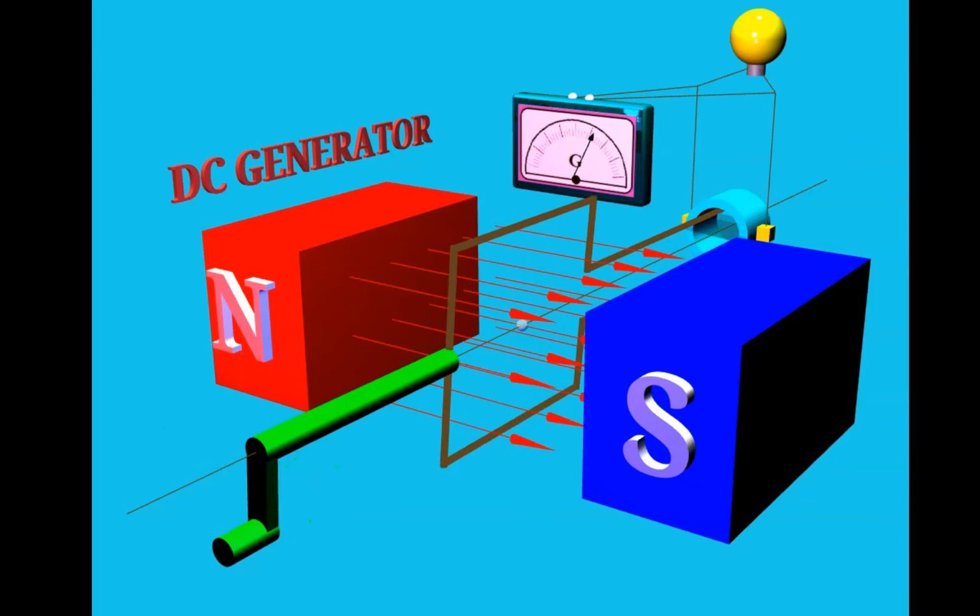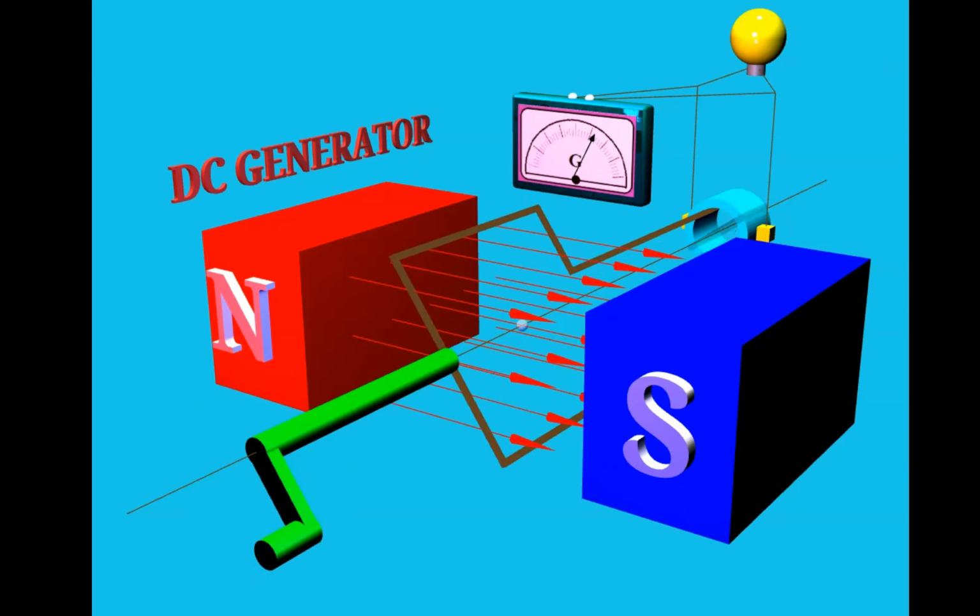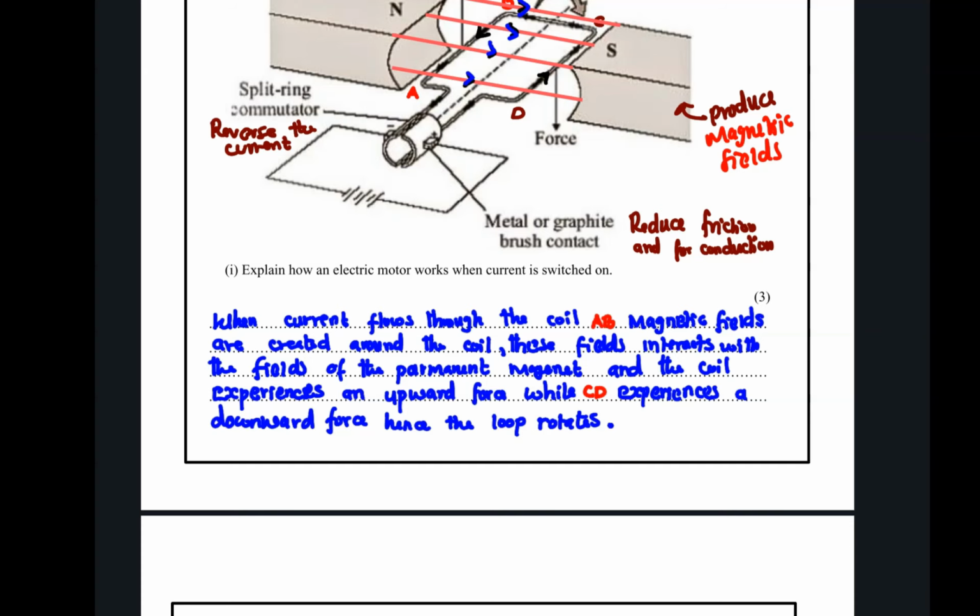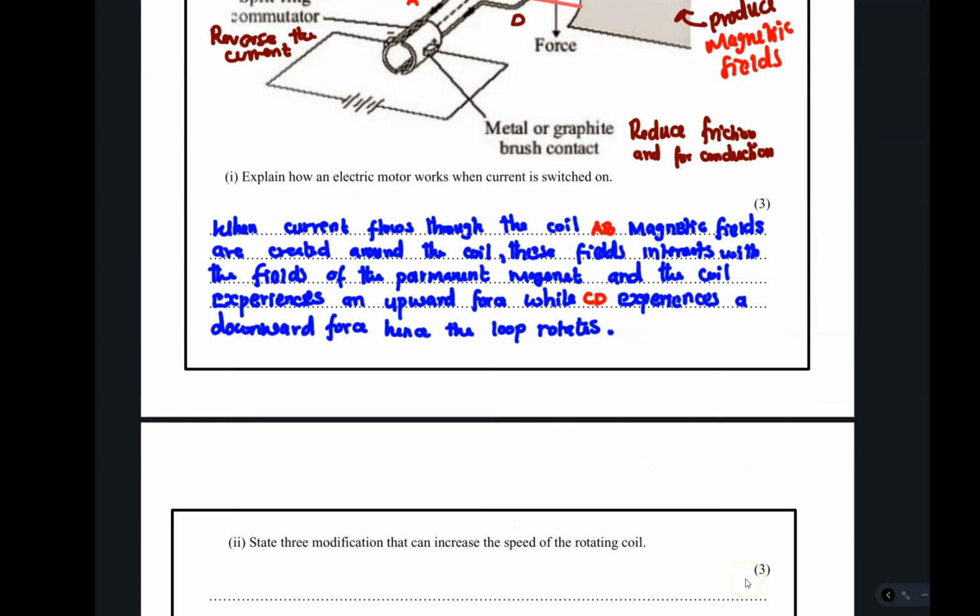Now when the loop cut across the magnetic field, electric current is generated in the conductor. A generator produces current, but a motor uses current to bring about rotational motion. So when a wire cuts across magnetic field, a voltage is induced in a wire through electromagnetic induction.